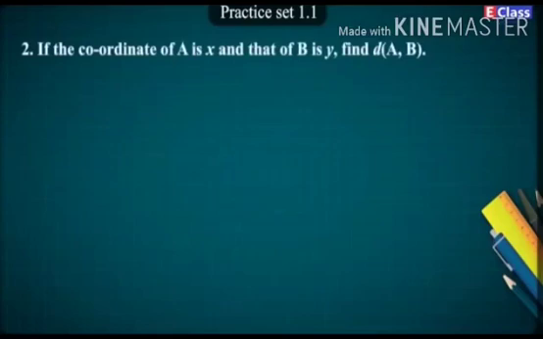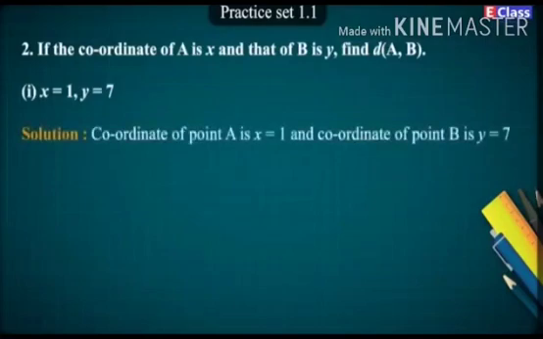2. If the coordinate of A is x and that of B is y, find distance of AB. 1. x is equal to 1, y is equal to 7. Solution. Coordinate of point A, x, is equal to 1.